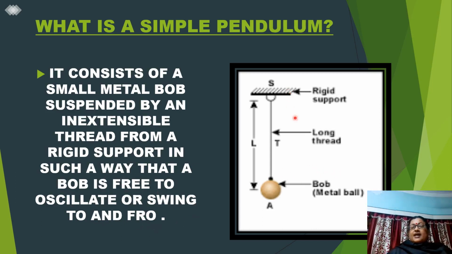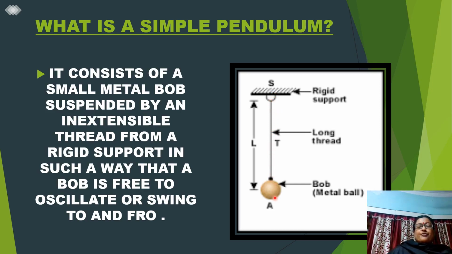Now, if you look at the diagram over here, you have a rigid support with a hook. Through that hook, you put a thread and allow a small metal ball, which serves as a bob for us, to hang from this thread. This structure is known as a simple pendulum.